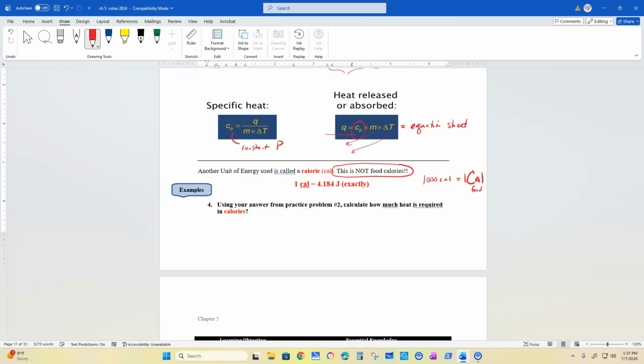So when you look on the back of whatever food or your drink you're consuming and it says 200 calories, well, that's 200 food calories. So if it was 200 food calories, then you take 200 times that 1,000 and you get 200,000 energy calories that you would need to burn it off.